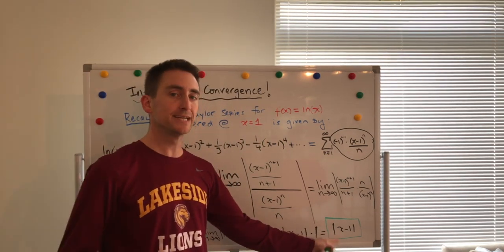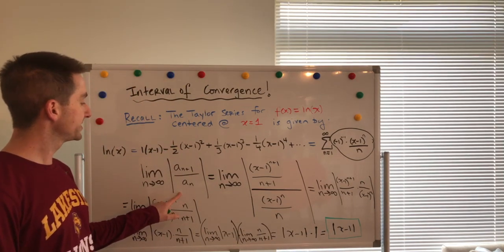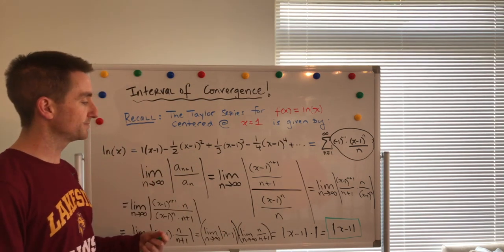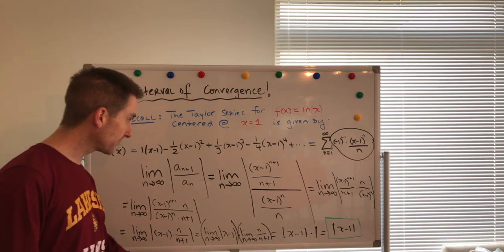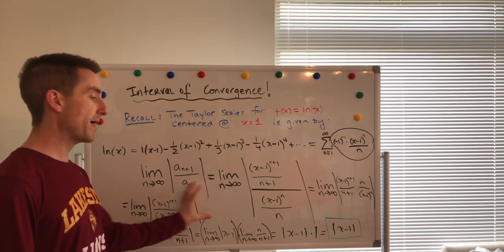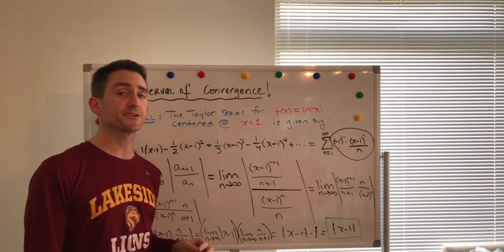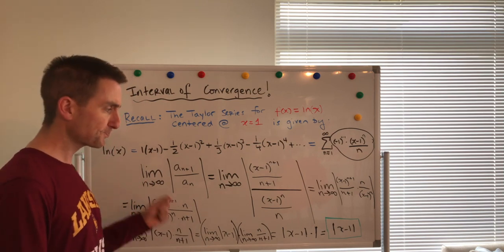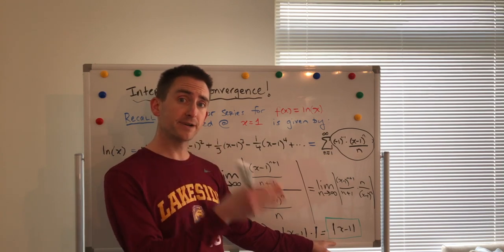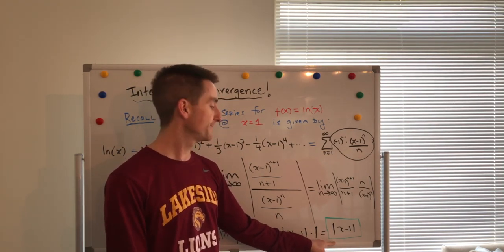But what that represented, going back to the beginning of the problem, was the ratio of consecutive terms way out toward infinity. So in that long Taylor series that we have, what that work just said is that if I put two consecutive terms in a ratio with each other, the value of that ratio for terms way out toward infinity will be given by the expression the absolute value of x minus 1.